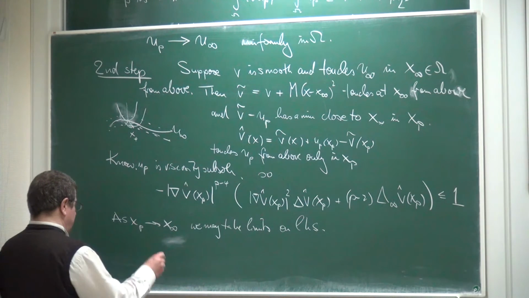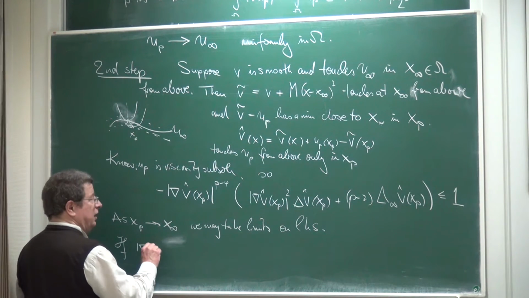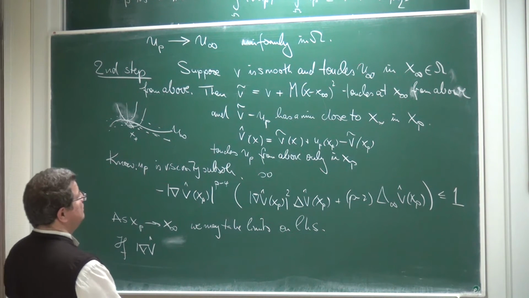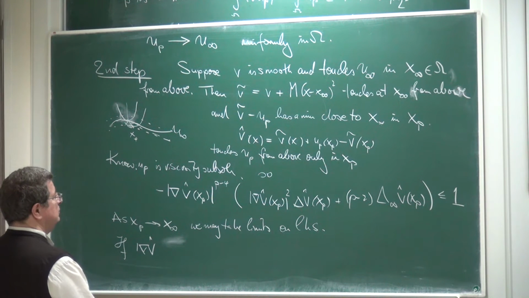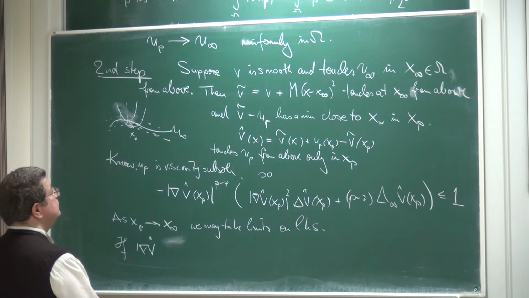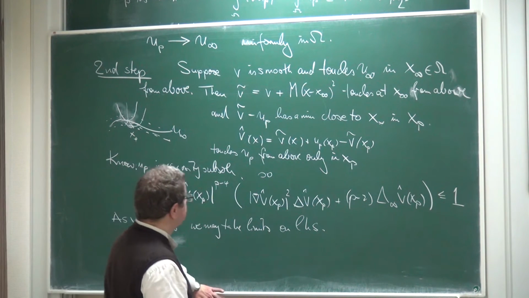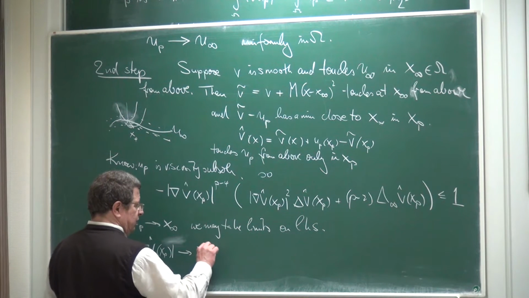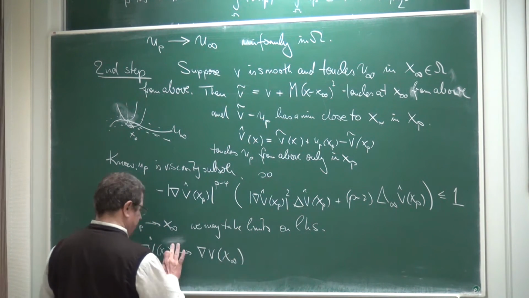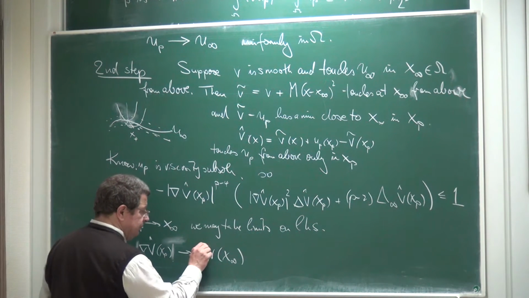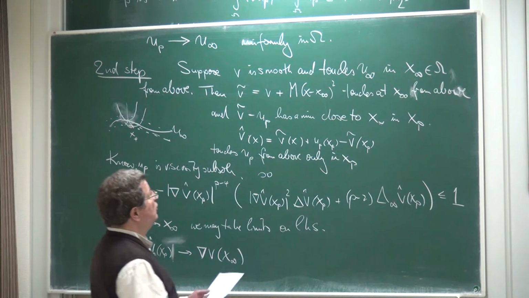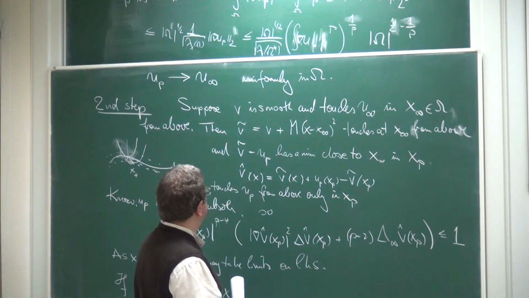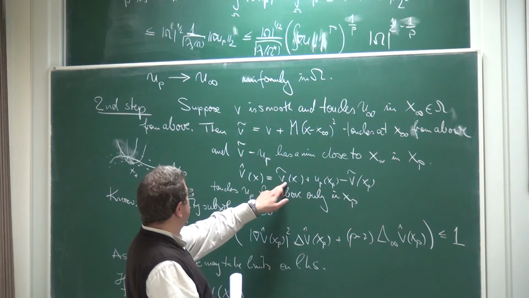And we distinguish some cases. The gradient of v hat in x_p tends to the gradient of v in x_infinity, because first of all, the gradient of v hat is the same as the gradient of v tilde.